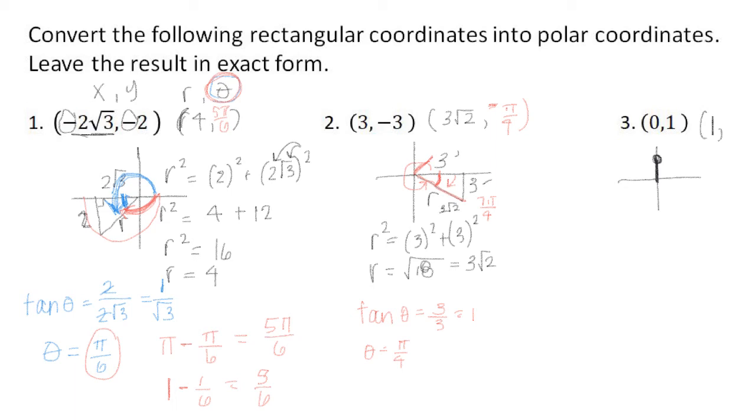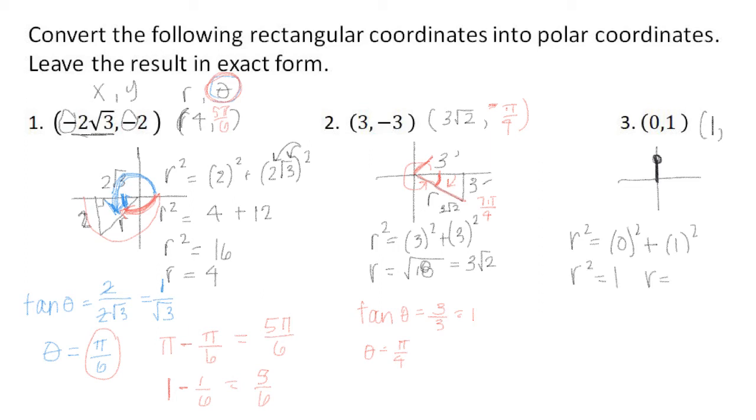Because here, there's no way to really do our x and y value so much if we're looking at that plotted point. But if we do, remember r squared equals x squared plus y squared, and notice you do get r squared to be 1.